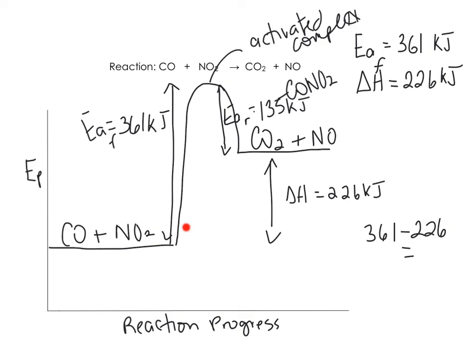So this reaction is hard to make go in the forward reaction, but it's easier to go in the reverse reaction. And that's because it has a lower activation energy for the reverse reaction. That was 135. So there you go. If you added a catalyst to this, it would decrease both activation energies.